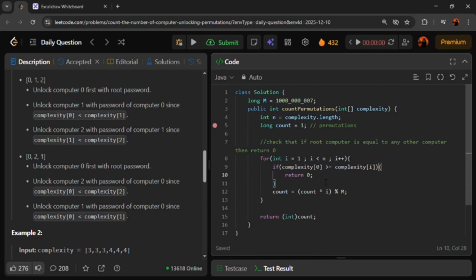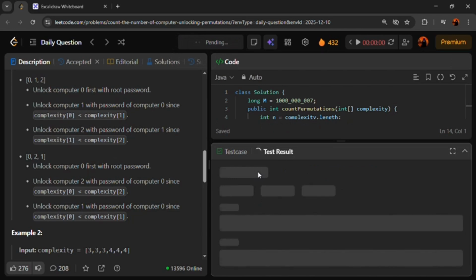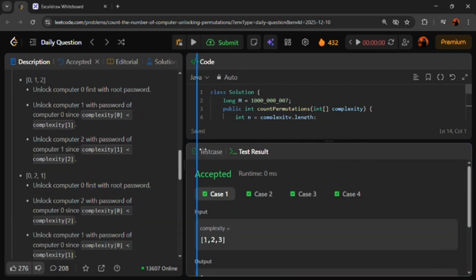Okay, and if this condition is not true, then we try to find the possibilities. Okay, and don't forget to take modulo. Now let's run it. Okay, test cases are passed. Now submit it.